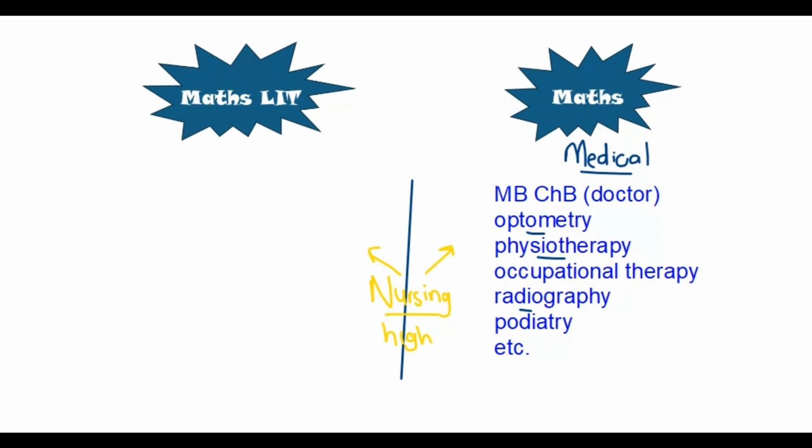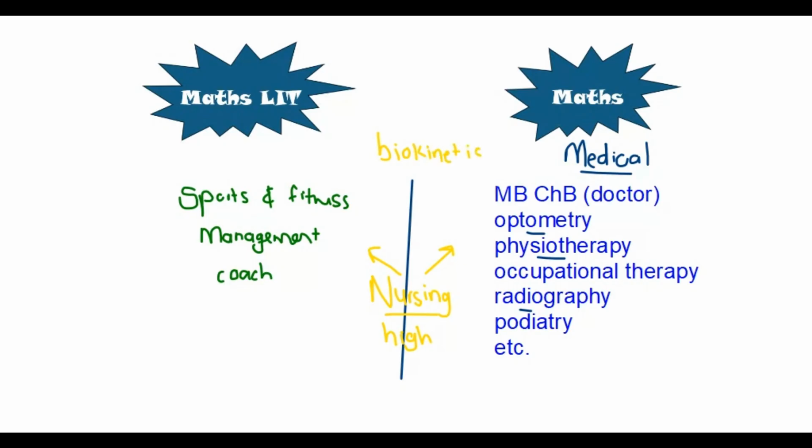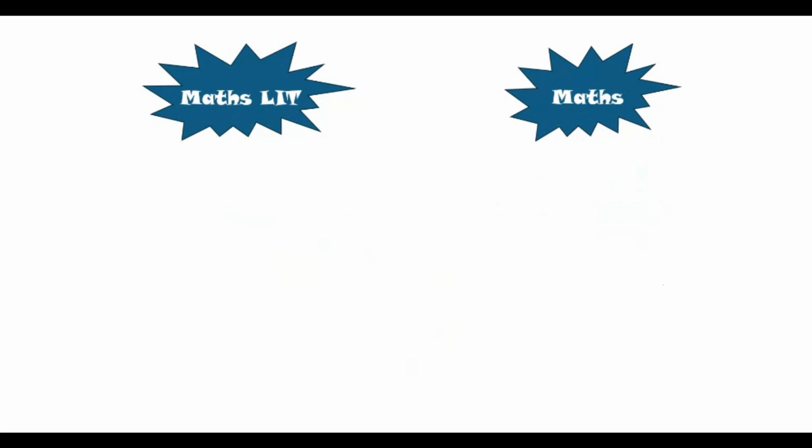Other universities require maths. Now, all is not lost, because you could also always look into something like sports and fitness, or sports management, like becoming a sports coach, and these are actual degrees, 3 years. And then there's also another popular option, biokinetics. Here, some universities again accept maths lit, others not, so you're going to have to look at that option if you are curious.